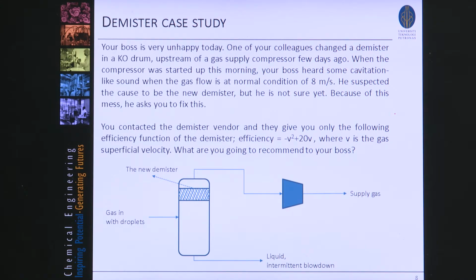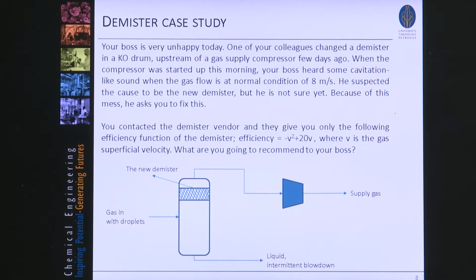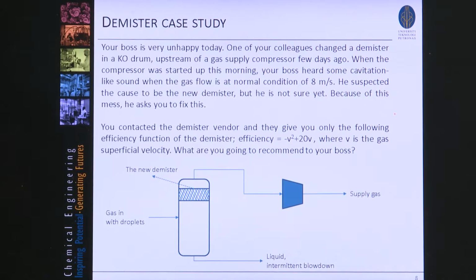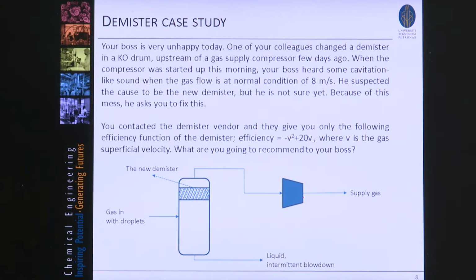I forgot in the previous slides that we have case studies at the end. I think you could also revisit them and try to solve the cases on your own, and you can always come back to me if you have any difficulties. Here we have a knockout drum and a compressor, a very simple setup.